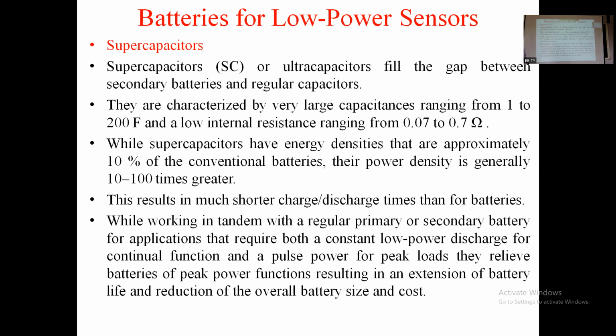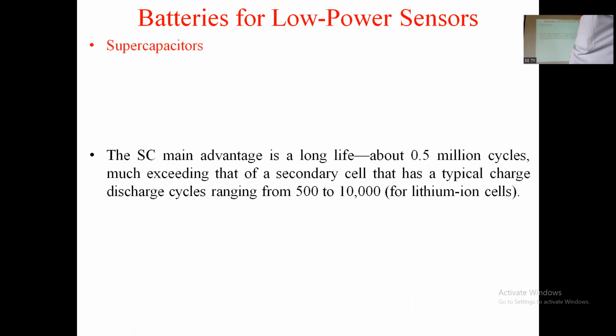So for the extension of battery life, the supercapacitor is used. Battery life is extended, and the overall size of the battery is reduced. If the size is reduced, the cost is also reduced. Right?